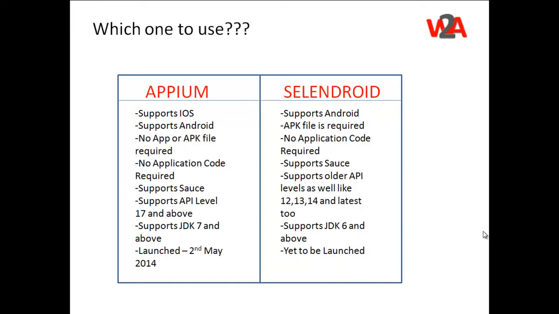The Note 2 comes with API level 17 plus, starting from 19. So for any Android API level above 17, Appium will work. And if you have an older device with an older Android API, you can use Selendroid to automate apps on that device.